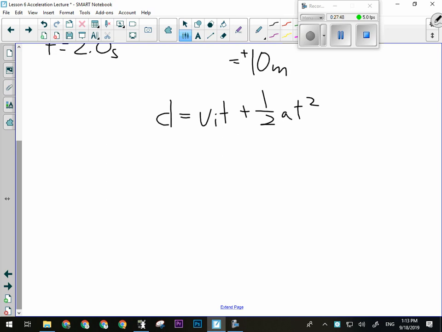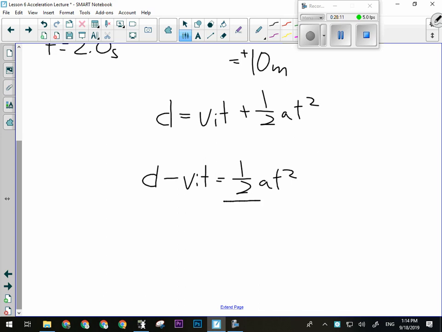Divide by vi and t first? No, I would do the opposite of what I'm doing with it right now. Vi times t plus 1/2 at squared. How do I move vi times t? I subtract, right. So d minus vi times t equals 1/2 at squared. I want a by itself.